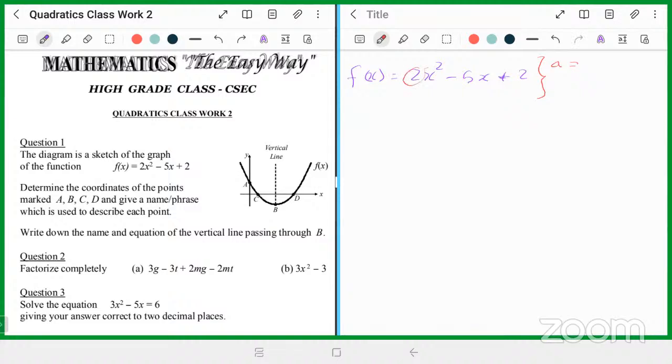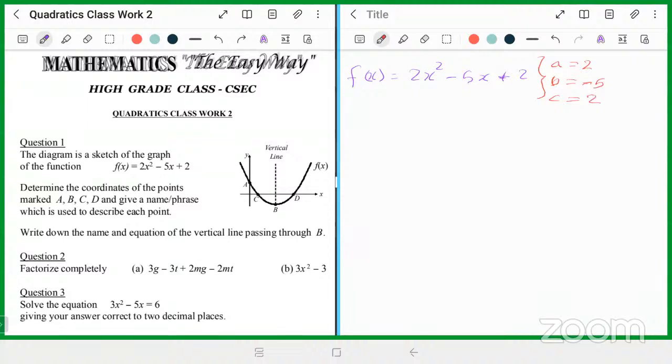The b is the coefficient of x, with the minus sign, so that's negative 5. And the c is the constant term, the term without the x beside it. That's a positive 2.